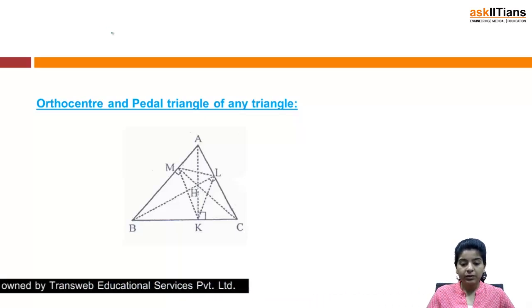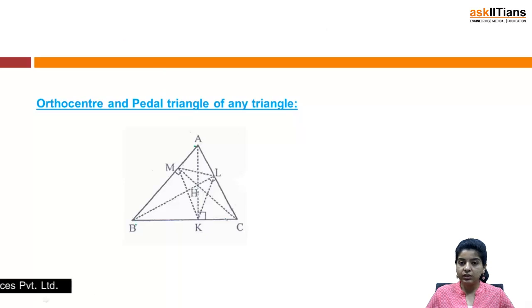See, let ABC be the given triangle, and AK, BL and CM be perpendiculars from A, B, C to the opposite sides. That means AK is a perpendicular from A on opposite side BC, BL is perpendicular from B on the opposite side AC, and CM is the perpendicular from C on the opposite side AB.